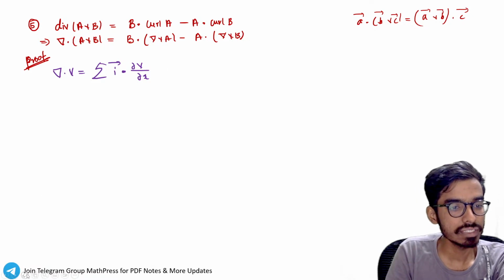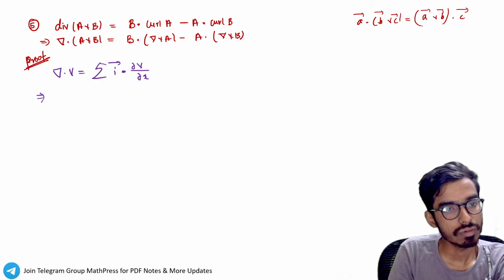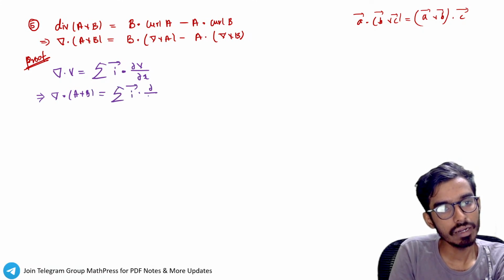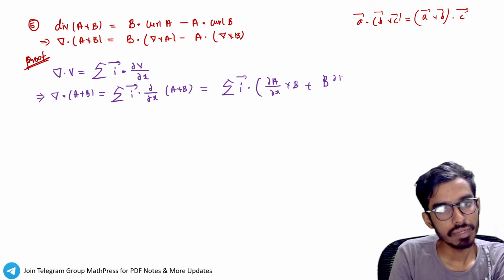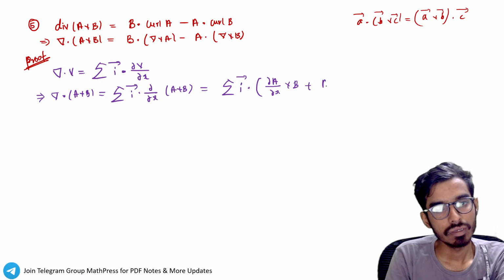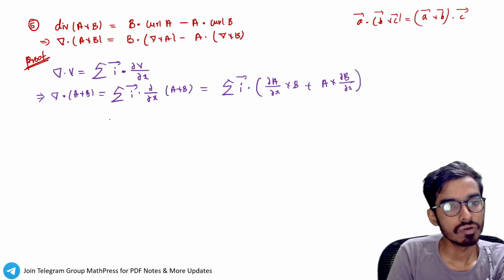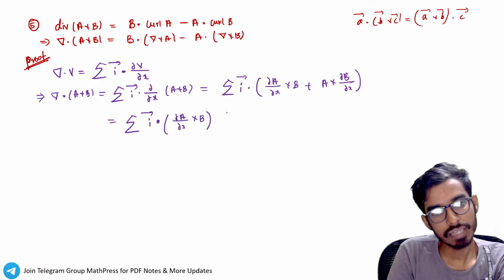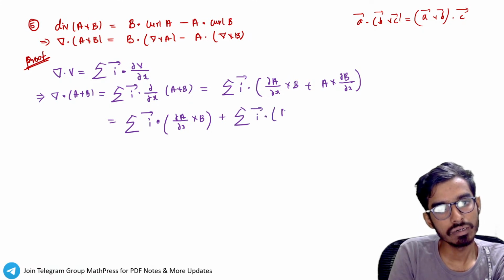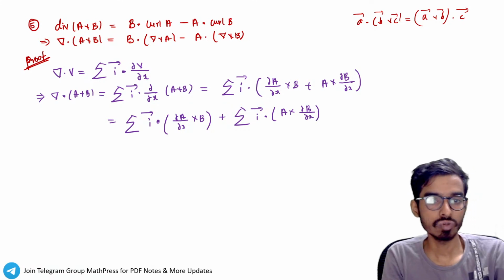So divergence of A cross B will be summation i dot dou by dou x of A cross B. This is summation i dot dou A by dou x cross B plus summation i dot A cross dou B by dou x, right?